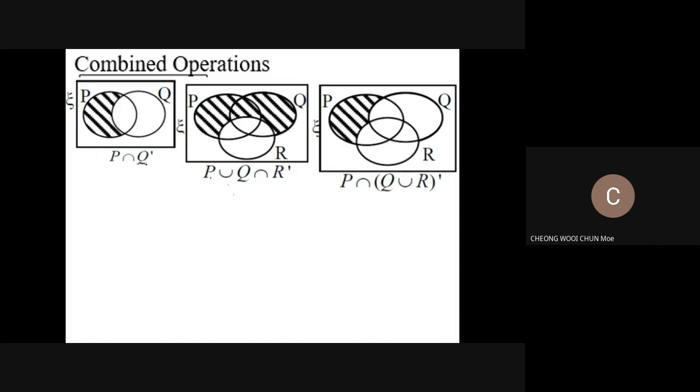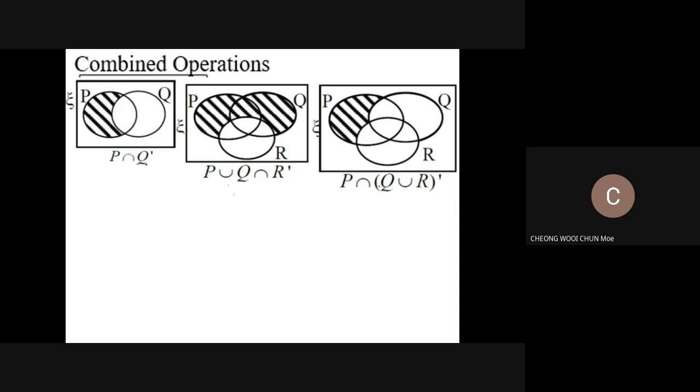Then for P union Q, you must always look at the front first and then look at the back, unless in a situation with only one symbol, then you can look at the back. P union Q, P and Q union, means whole P and whole Q. Then intersect complement of R. This R complement is outside, touching here.